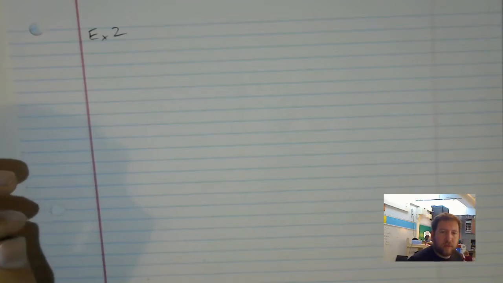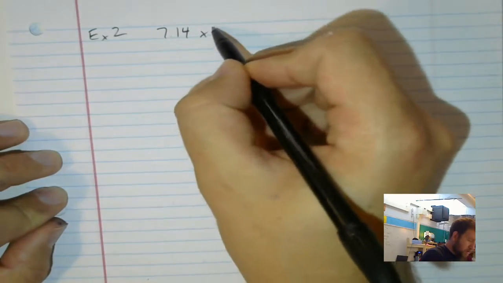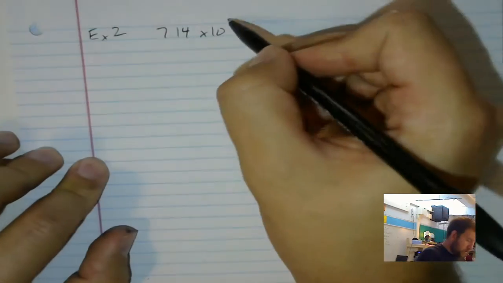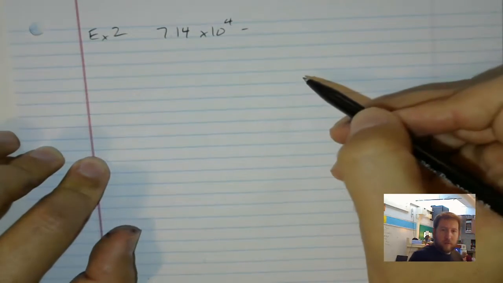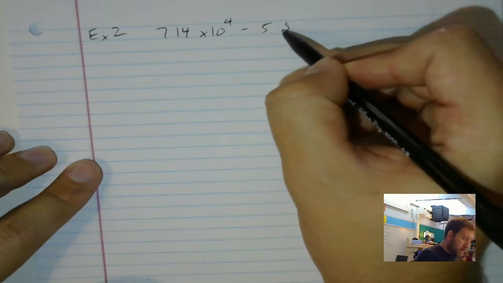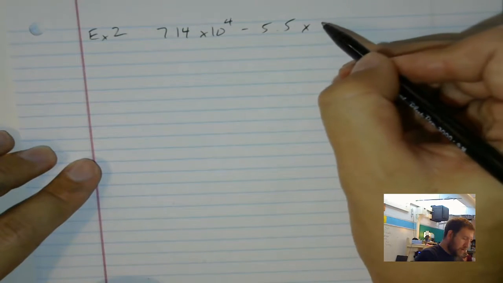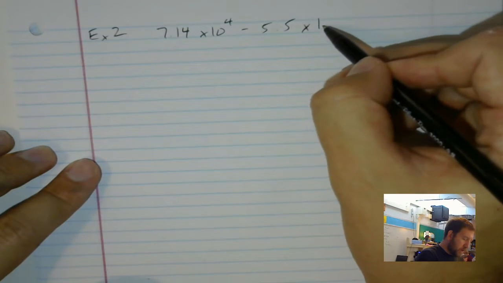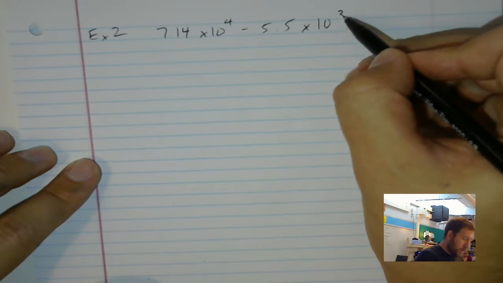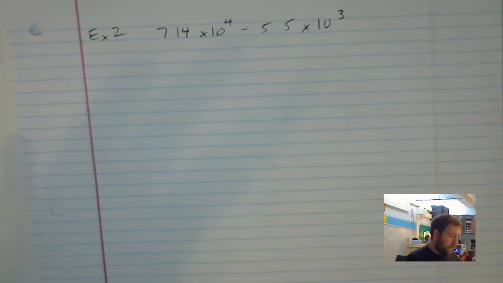Alright, we're going to do 7.14 times 10 to the 4th minus 5.5 times 10 to the 3rd.